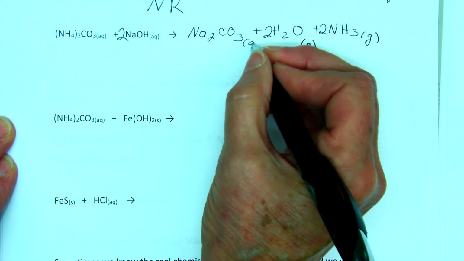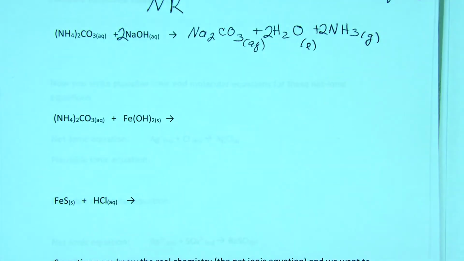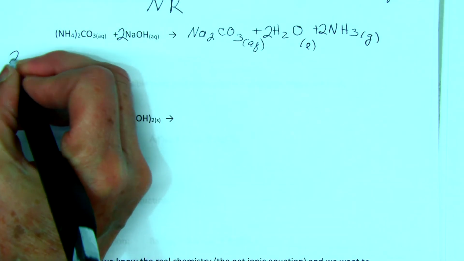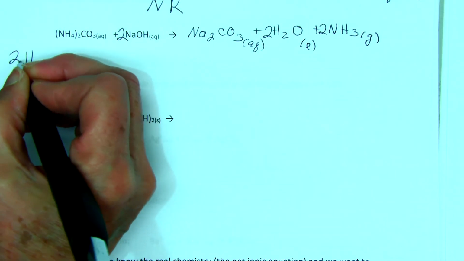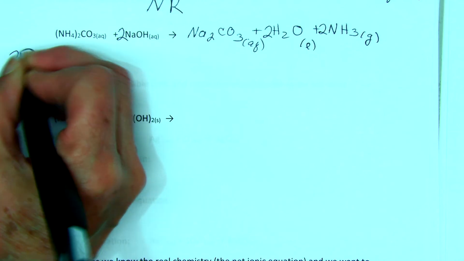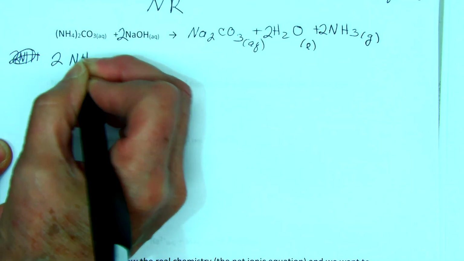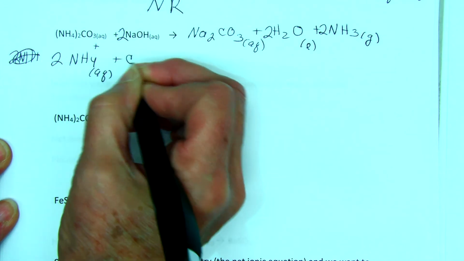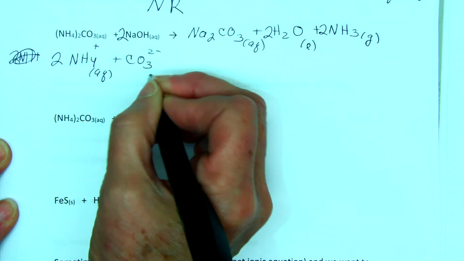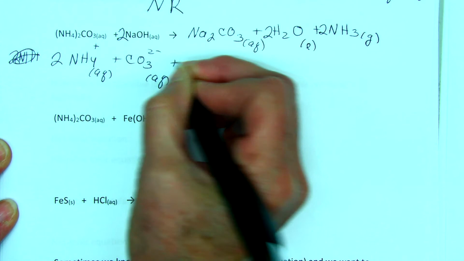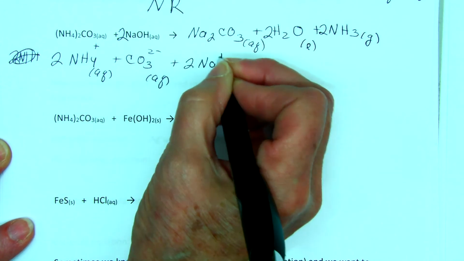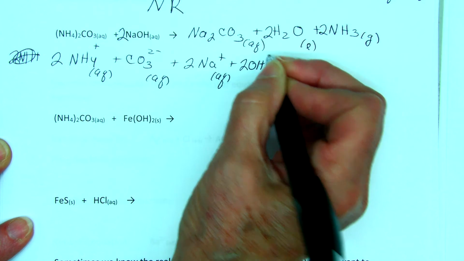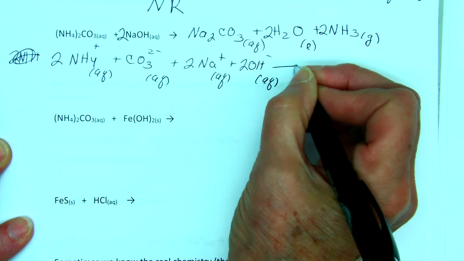Sodium carbonate is aqueous. So now when I break these down, this is a soluble, strong electrolyte, so I get 2 NH4 plus aqueous, plus CO3 2 minus aqueous, plus 2 sodiums, you keep those coefficients in there, plus 2 hydroxides, yields.